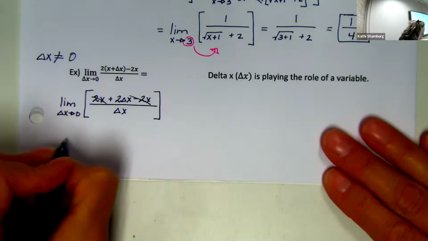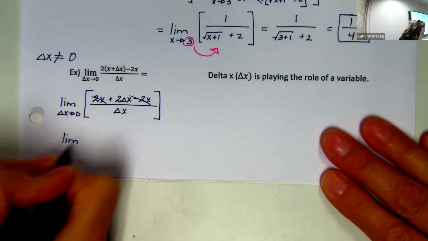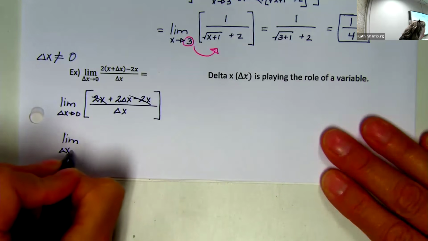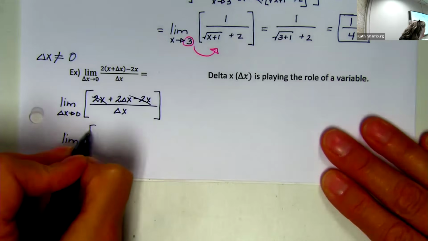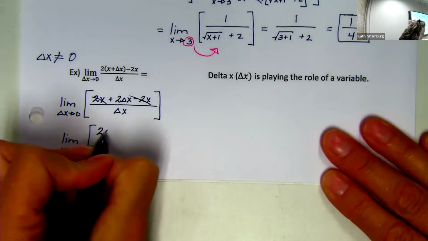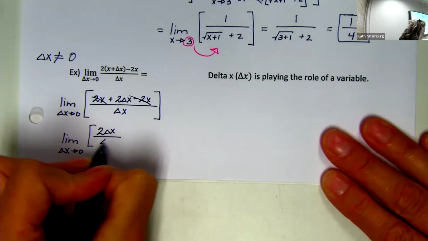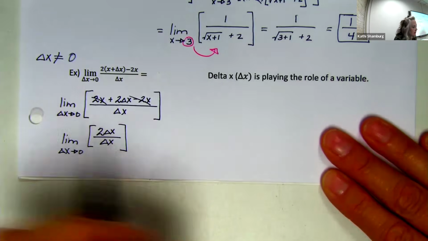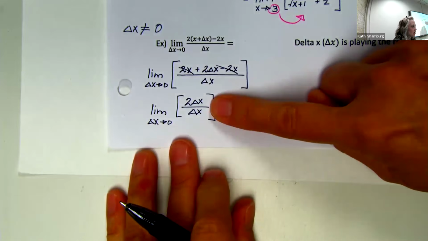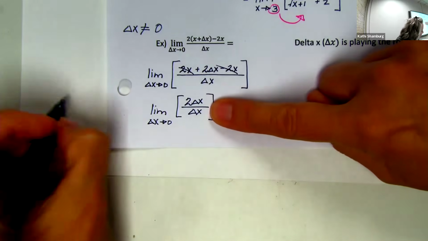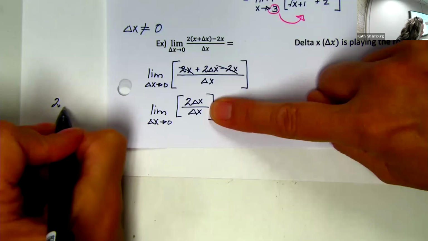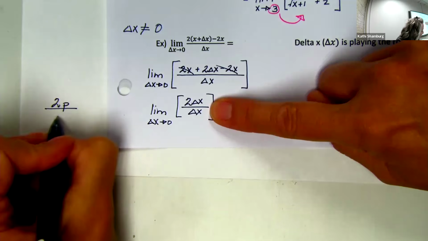So technically we are left with the limit as delta x approaches 0, and we have 2 delta x over delta x. Okay, well, if delta x is just considered a variable, that's not any different than 2p over p.